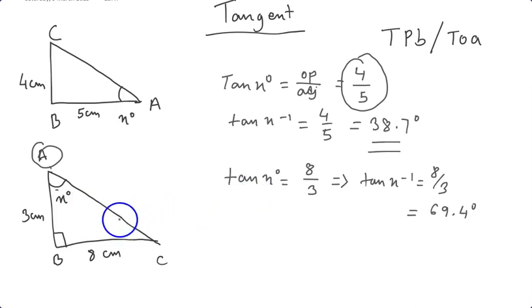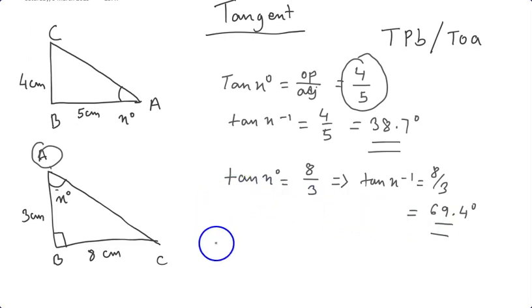The perpendicular is BC, 8 centimeters, and the adjacent is AB, that is 3 centimeters. That is why 8 by 3. When we put this in the calculator, we get 69 point something, and this is also in 3 significant figures.